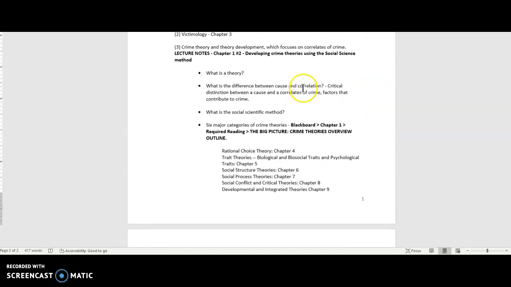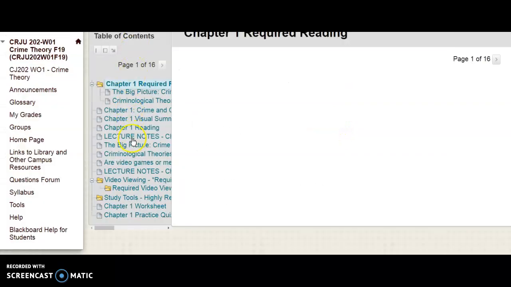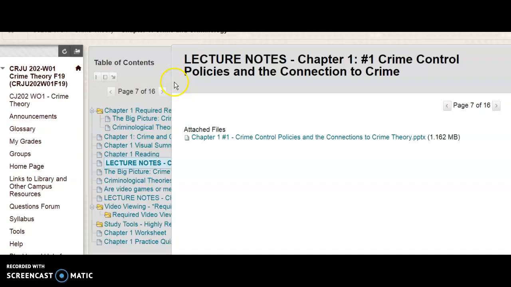So there are 2 sets of separate lecture notes that you are required to read, and those 2 sets of lecture notes can be found in the table of contents. It's capitalized letters, lecture notes.